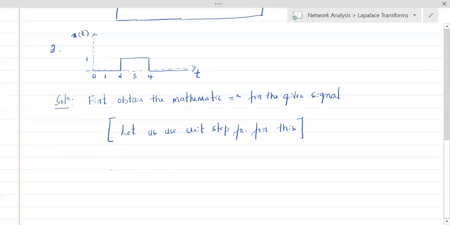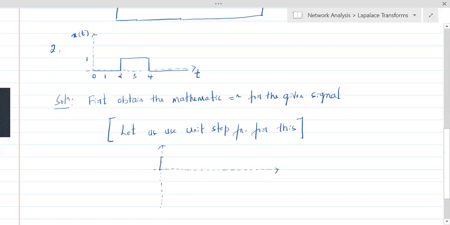We are using the unit step function for this. Now everybody see here. It's very interesting also. If you understand this, it's a very simple thing. But if you don't understand what I'm doing, you will just end up in confusion. Just see here, we are doing a very simple thing actually.